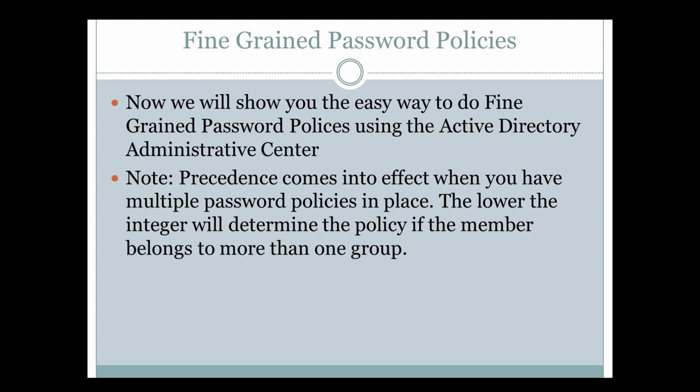I'm not sure why there'd be a person in marketing and information technology, there might be several reasons for that. But anyways, if that person is in both groups, typically in this instance, information technology would probably have a 2 instead of a 3, and marketing would probably be 3.